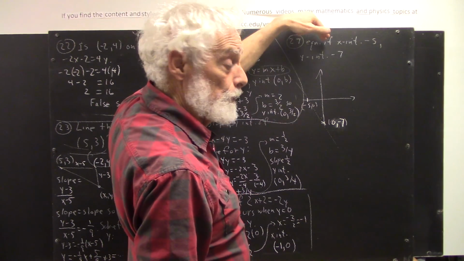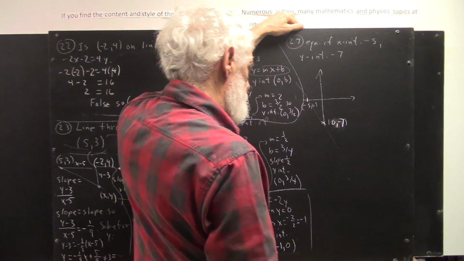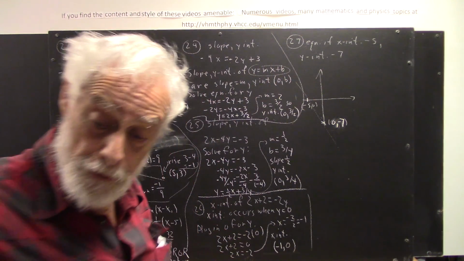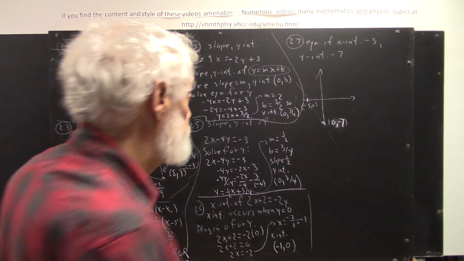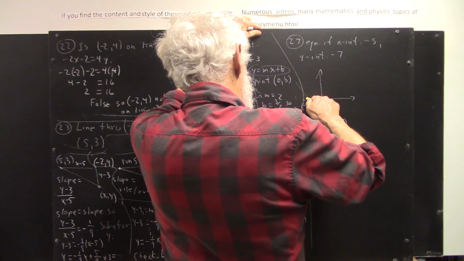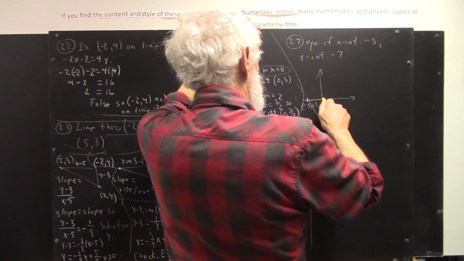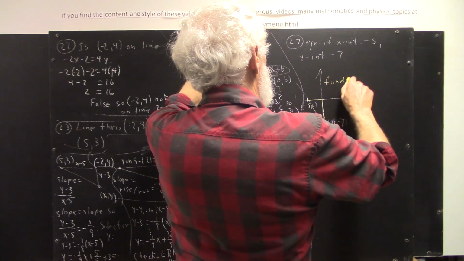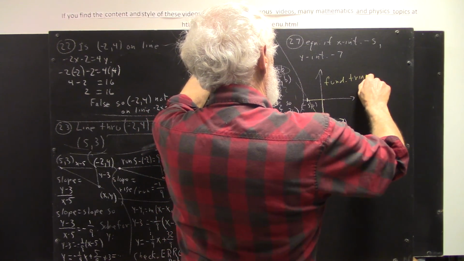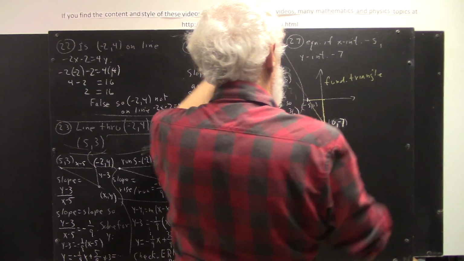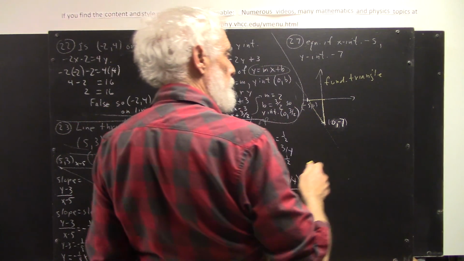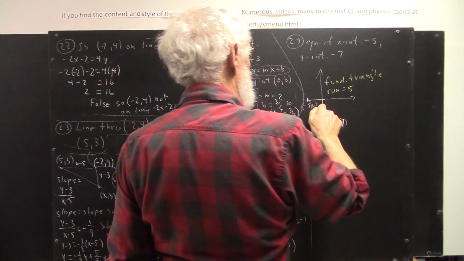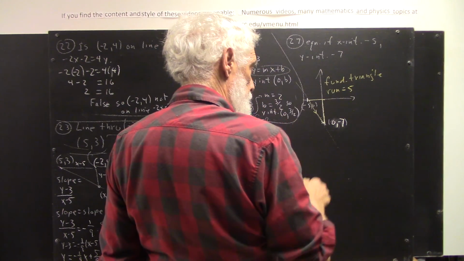We could use the same procedure, but what I'm going to say is we have a fundamental triangle here. And without doing the calculations, it's pretty clear that the run is 5, at least if we go in this direction from this point to this point.